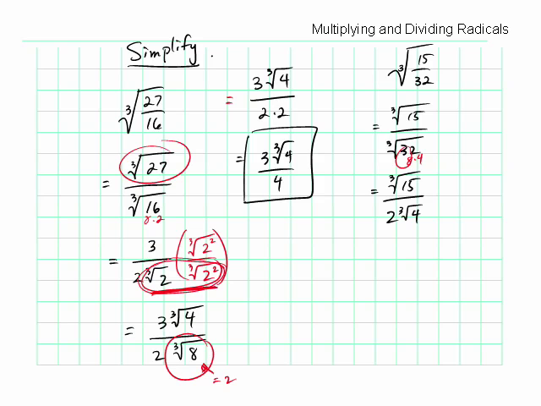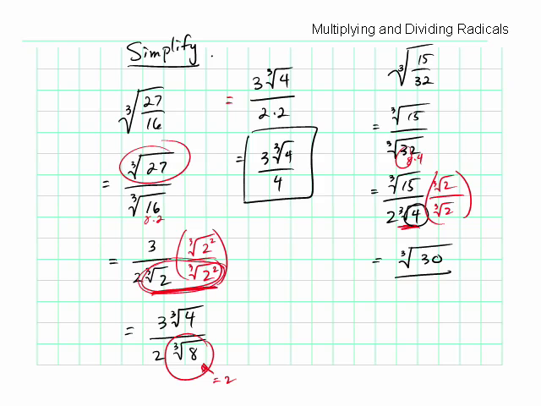Okay, now we've simplified all the radicals, but I still have to rationalize it. Since we have a cube root here, I need to create a perfect cube. And so what do we multiply 4 by to turn it into a perfect cube? We can multiply it by 2. So I'm going to multiply by cube root 2 over cube root 2. In the numerator, that will give us the cube root of 30.